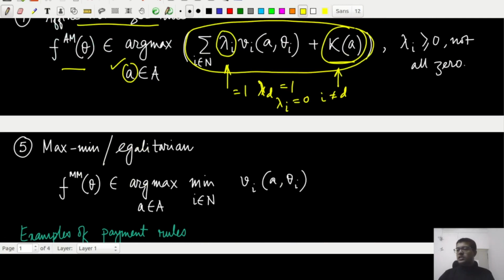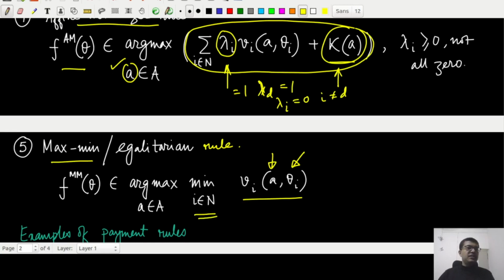The last example of allocation rule is what is known as the max-min rule or the egalitarian rule. So what does it do? It looks at the valuations of all the players at a particular alternative, at a particular allocation. Let's say we are fixing the allocation to be A. It is looking at the valuation of all the players under their current type, which is theta of I, finds out what the minimum of that is.